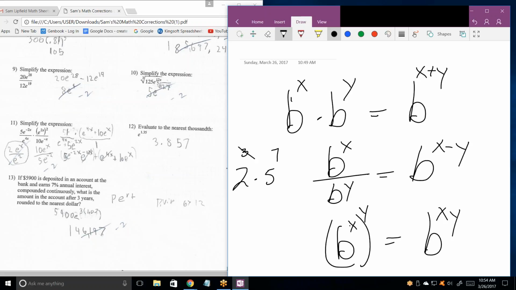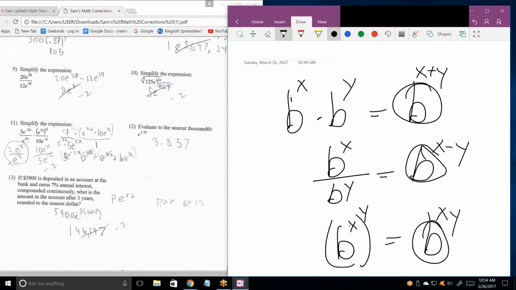I've got to have the same bases. And the base carries forth. In other words, these 2 bases become that base. These 2 bases become that base. This base becomes that base. The only thing you operate on is the exponents.